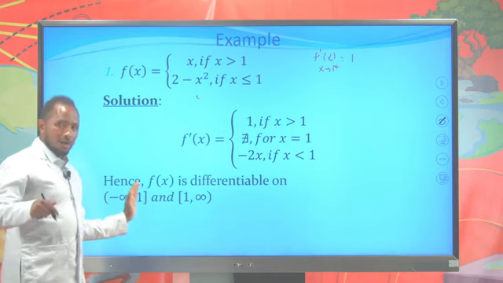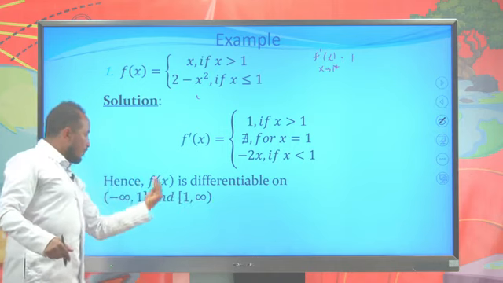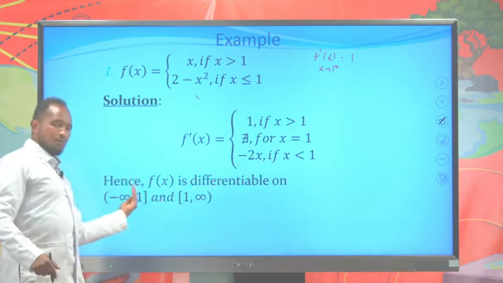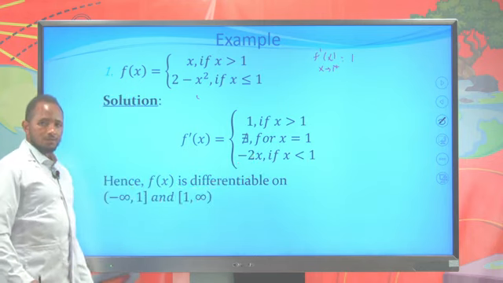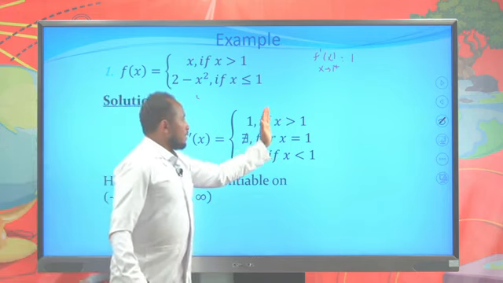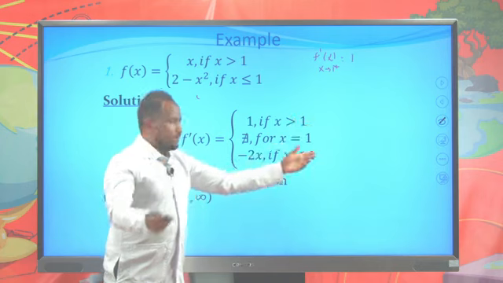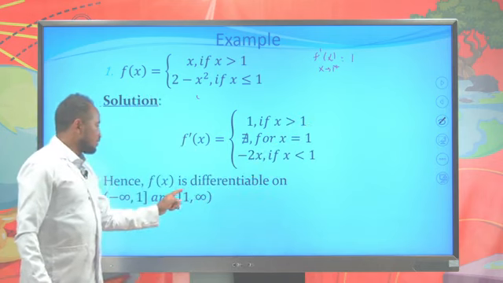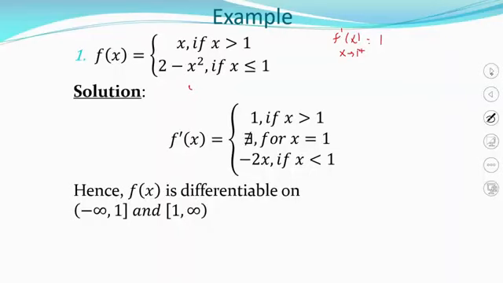Not only this, from the left side of 1 is also its derivative, this part. So it's differentiable from the left of 1. So 1 is closed. And for x greater than 1, its derivative is 1. So it is differentiable from 1 up to infinity. To close this one, let's check whether it is differentiable from the right side or not.